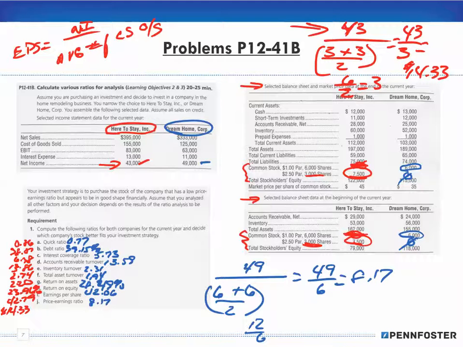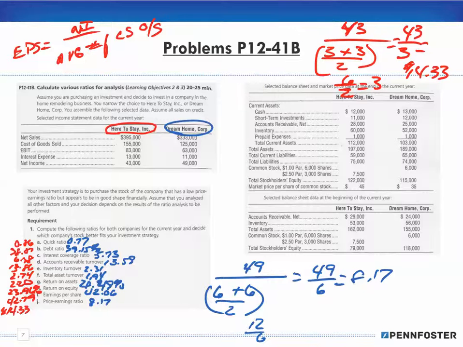Let me just erase this because it looks a little sloppy here. As part of my other explanation, a little bit of extra: it has 0 here, so we don't have any, even though there's $1 par in 6,000 shares, that's not what is outstanding.